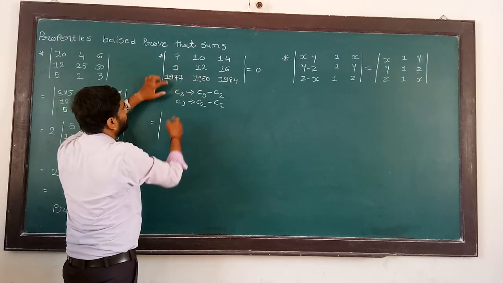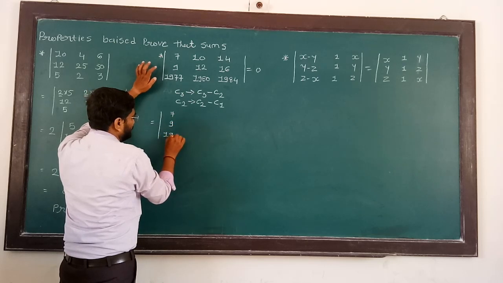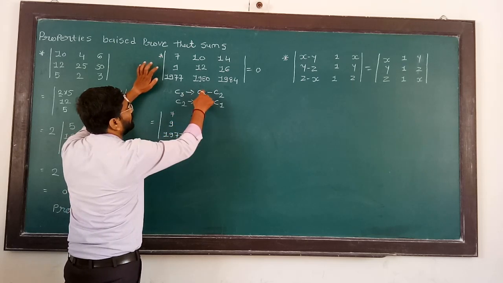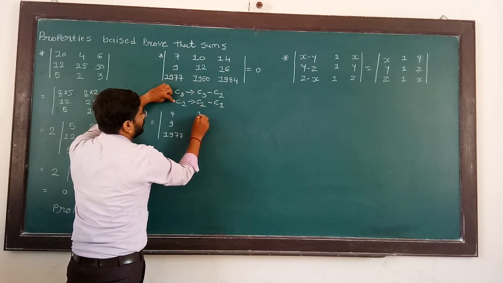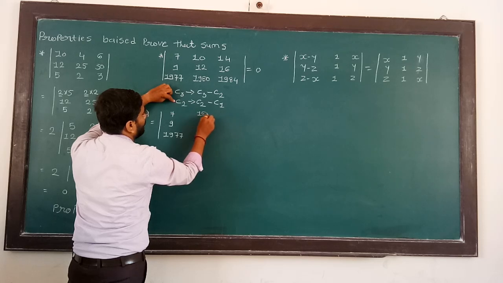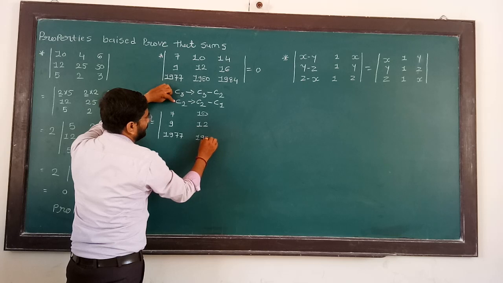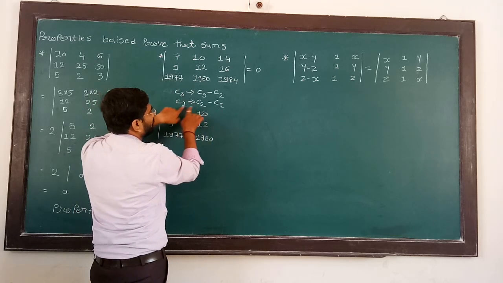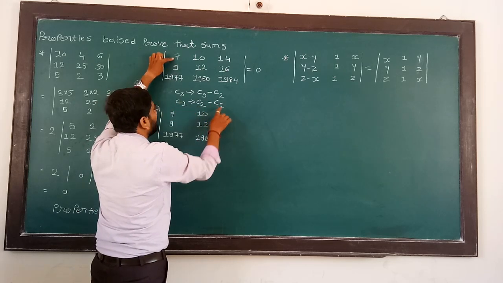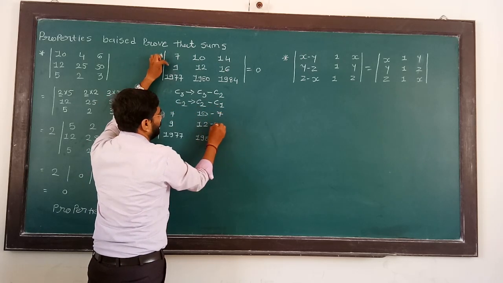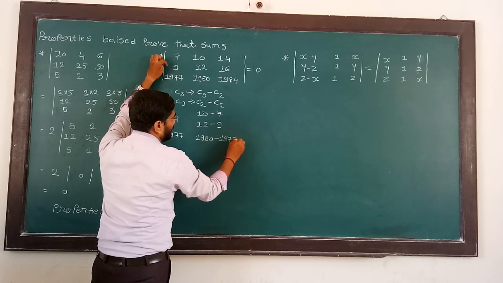Now we apply: first row, nothing changed, so we write 7, 9 and 1977. Now in column number 2 we first write 10, 12 and 1980. Now we use C2 minus C1, that is 10 minus 7, 12 minus 9 and 1980 minus 1977.